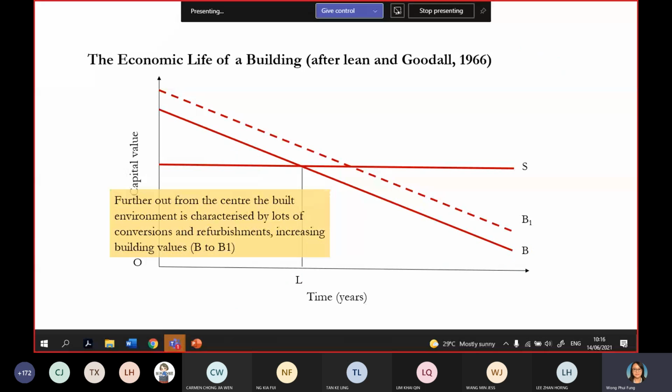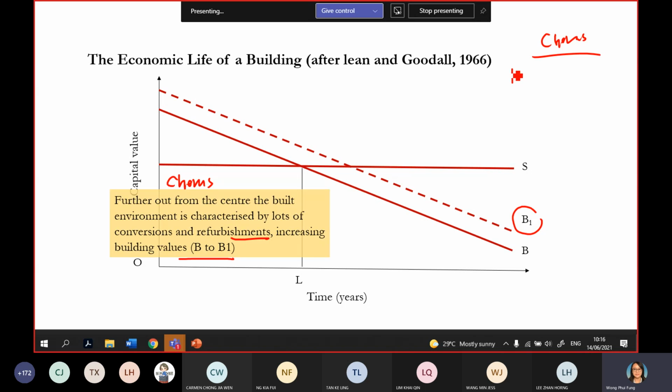On the other hand, further out from the center of the built environment, say for example, Cheras, not city center, a bit further away. It's characterized by lots of conversion and refurbishment, increasing the building value from B to B1. So in this scenario in Cheras, they foresee that the building will be well maintained as compared to city center.